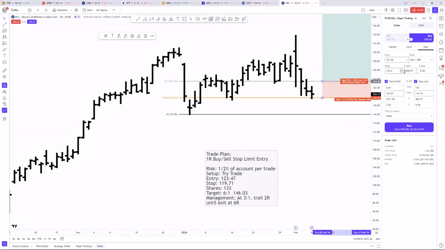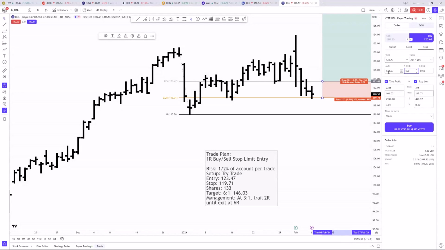So let's tighten this up. We want 123.47, pretty close. We want 119.71 and a target of 146.03. And we want this to be $500 risk.